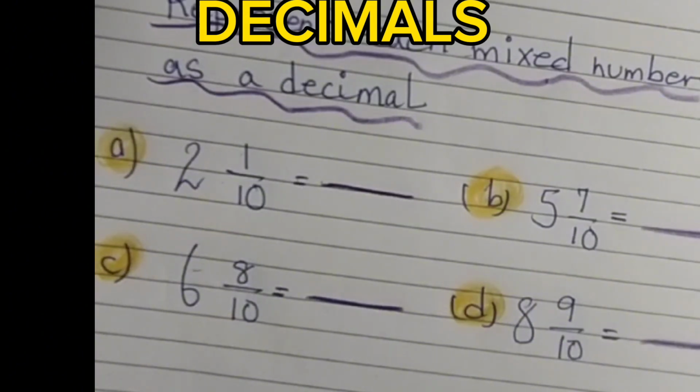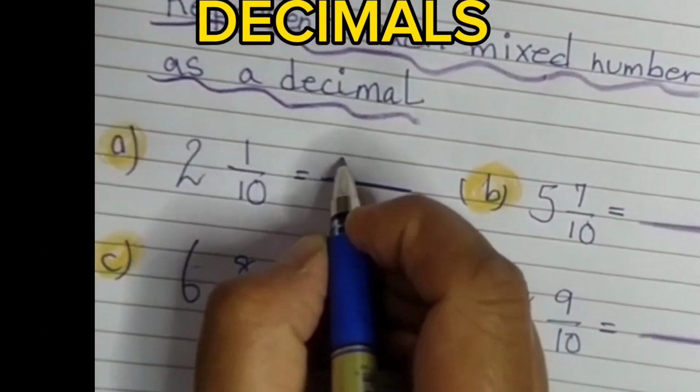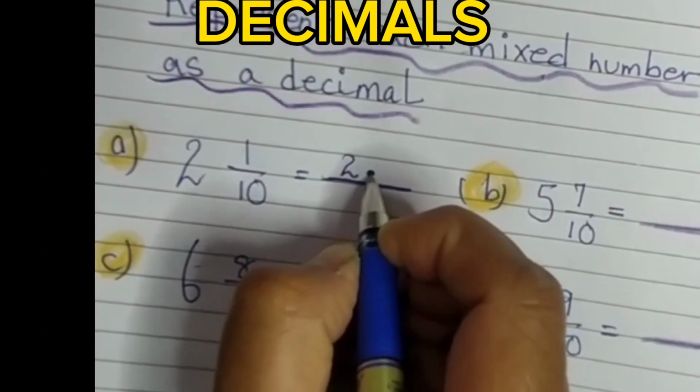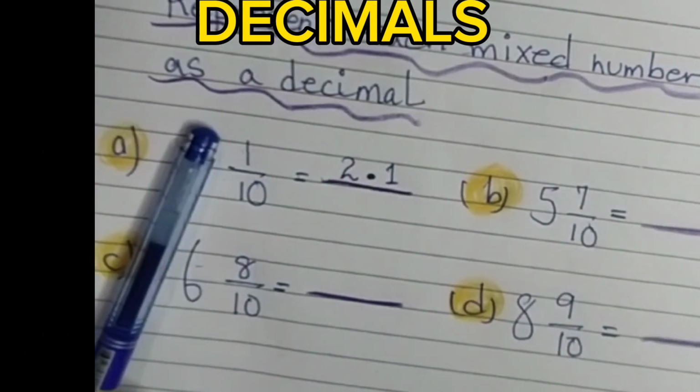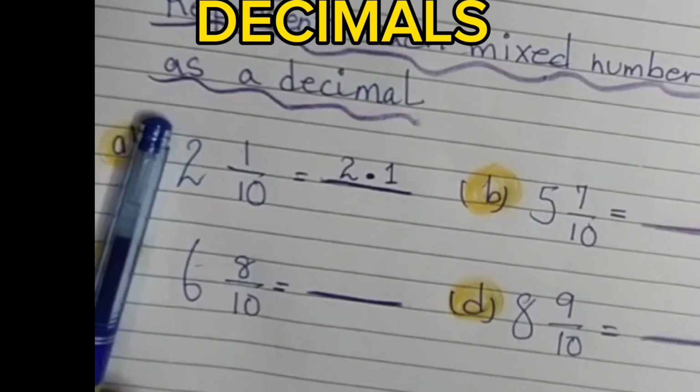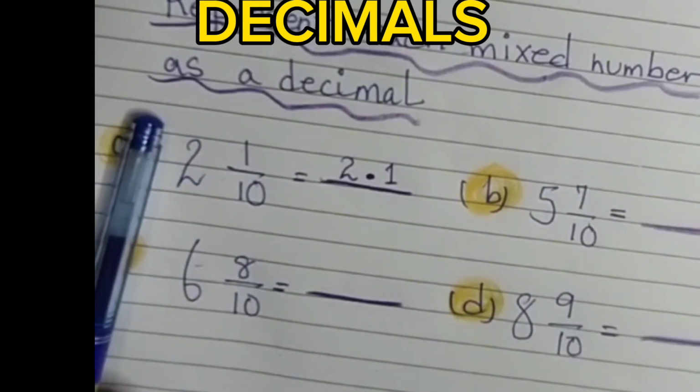The question is, represent each mixed number as a decimal. You just see the first question here. How do you write this as a decimal? There is a whole number here, so we're going to write down 2.1. But if there was no whole number, then the answer would have been 0.1. But if there is a whole number, then you're going to write down 2.1.